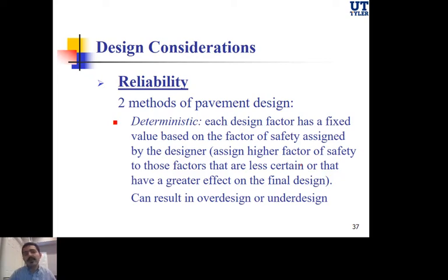That means we have a blind view of what's going on and all the factors that get into the pavement design, and we're going to assign a fixed value no matter what. And that's why, if this fixed value is very high, I'm going to have an over-design, which is going to cost me too much to construct this road, or I may have an under-design.